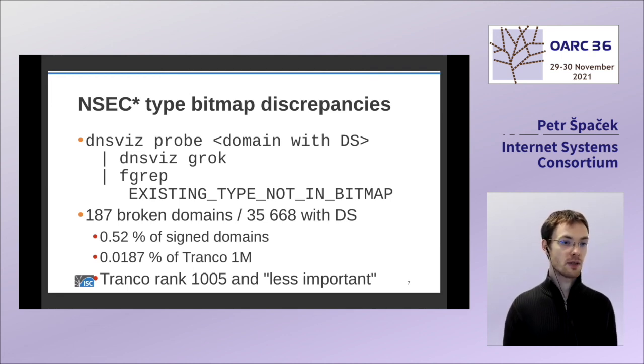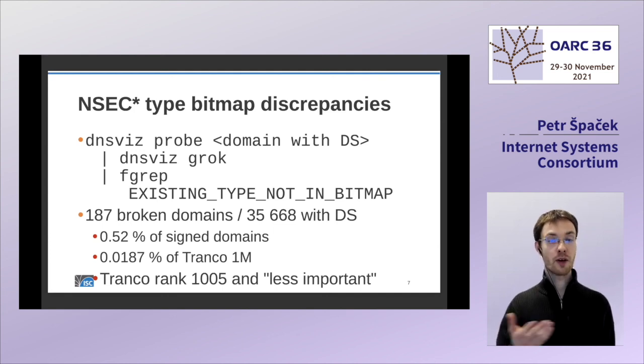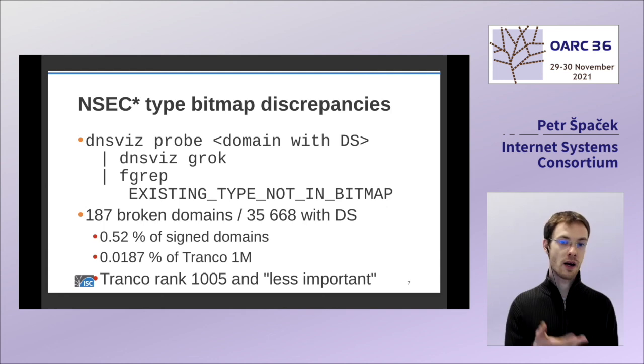DNSViz was reporting 187 broken domains in our dataset, which is roughly 0.5% of signed domains, which could be better, but it's not a huge practical problem in terms of counts of broken domains if you look at the big picture, because in practice it's less than 1 out of 5,000 domains overall in the dataset, so it's not really a common problem.